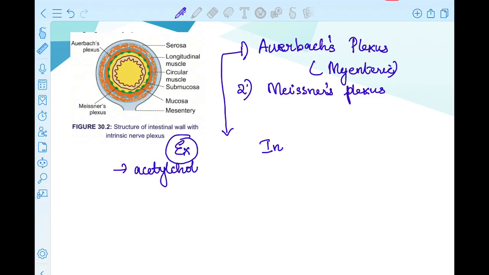Just remember acetylcholine and all the other substances as chemical substances. Since I use the term excitatory, that means it helps in excitation, so the GI movement will be more. Whereas inhibitory means it is going to inhibit the movement, that means the movements of the GIT will be inhibited. So that is the difference.